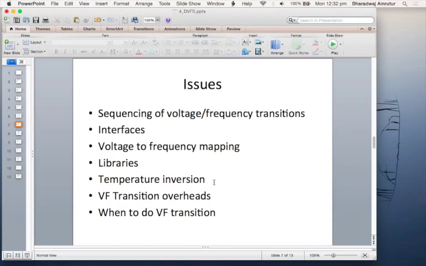If you are limited by mobility, that means at very high voltages, then as you increase temperature, speed comes down. But at low voltages, if you are limited by threshold voltage, as temperature increases, speed goes up. So the behavior of speed versus temperature really depends on which voltage you are operating at. What that means is that some paths could become critical at some voltages, whereas other paths could become critical at others. So that complicates the problem.